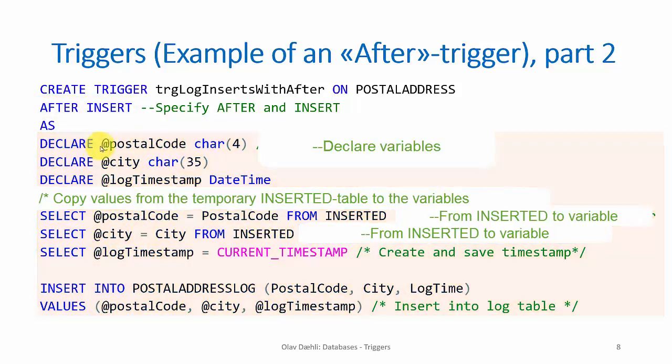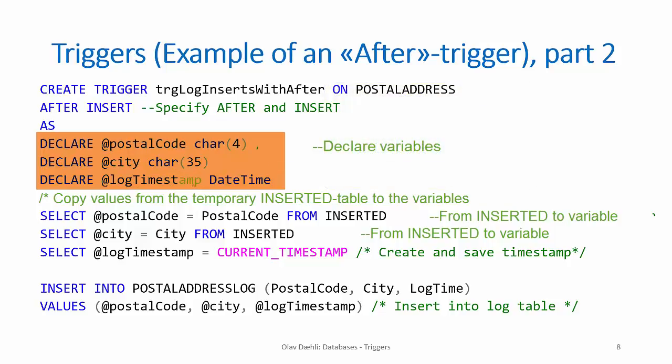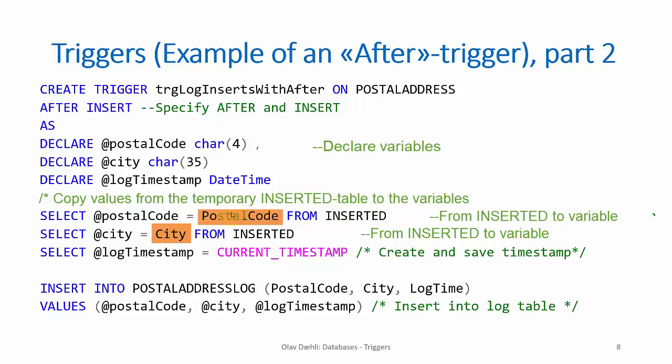We will have 3 variables to store postal code, city, and a timestamp, because in the new table we also want to store a date and a time. And as we have said earlier, SQL Server will temporarily store the inserted data in this inserted table, and then we read the postal code and city that are inserted into the 2 variables @postalcode and @city.